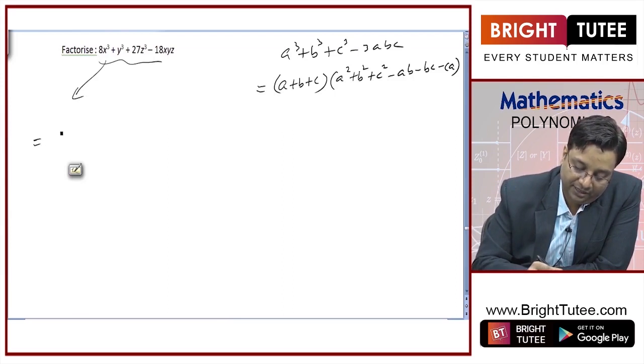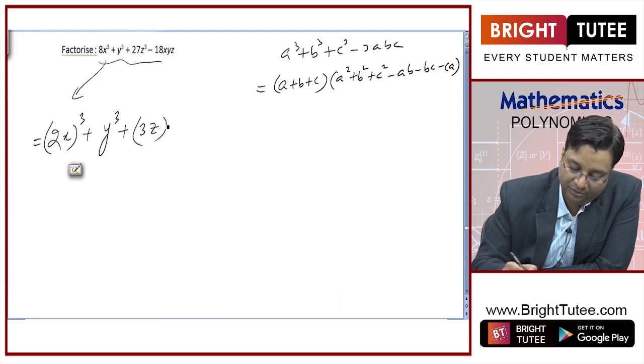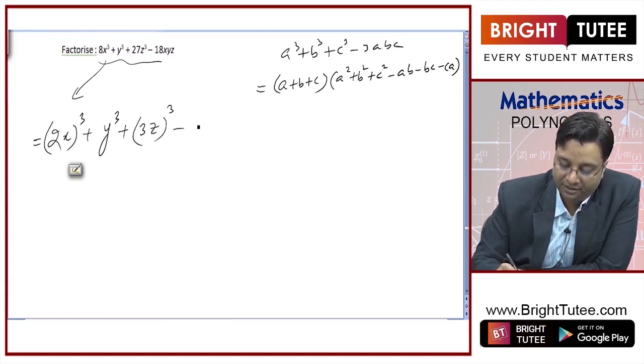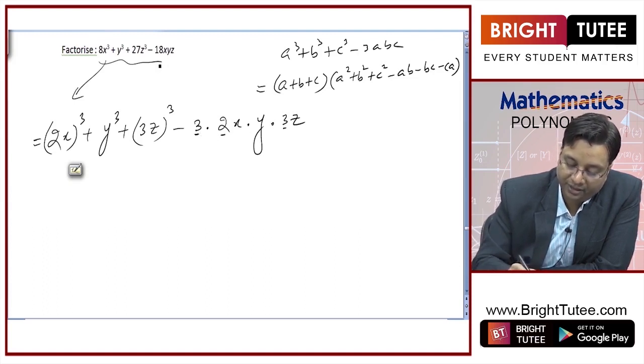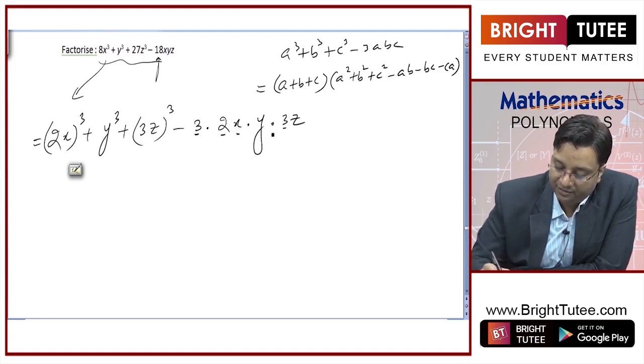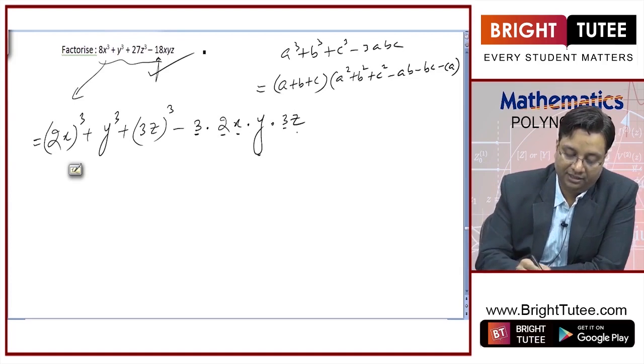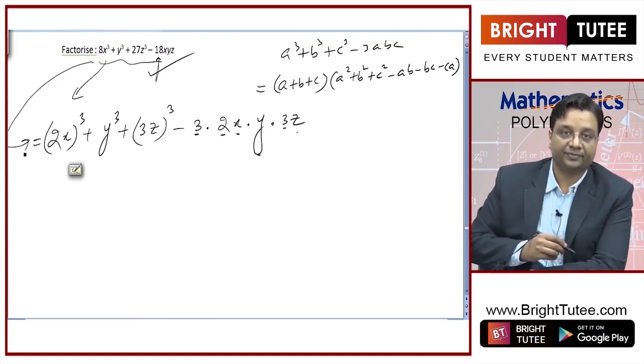Now I can write it as 2x whole cube plus y cube plus 3z whole cube minus 3 into 2x into y into 3z. Let us verify. 3 into 2 is 6, 6 into 3 is 18 and x, y, z. So yes, this can be written as this.